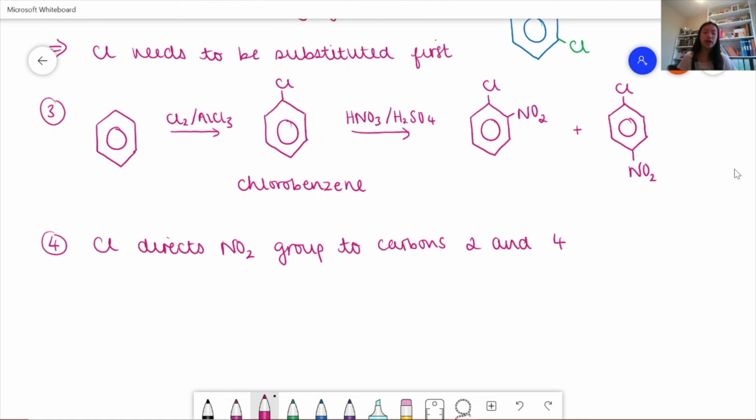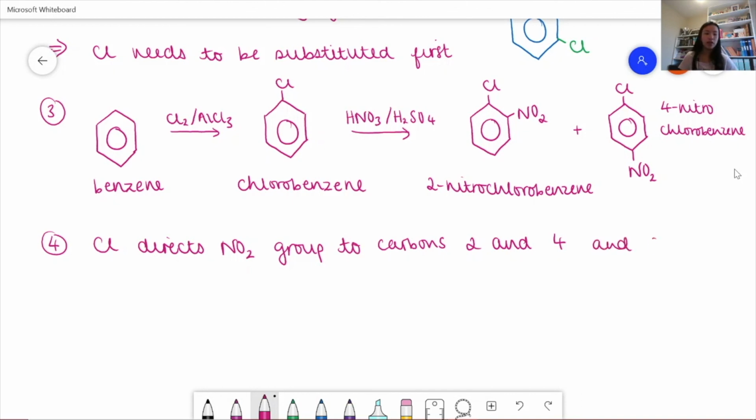For the first one, we have 2-nitrochlorobenzene, and then next to it we have 4-nitrochlorobenzene. And then we have benzene to start. And so we have that chlorine directs the nitro group to carbons 2 and 4.